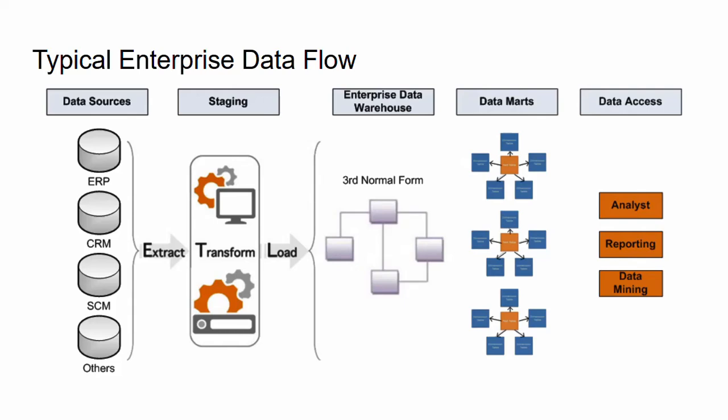In a typical enterprise, the data flow starts with the data sources, enterprise applications. Usually these are transactional systems like ERP, CRM, but think about the e-commerce website. The transaction system will be the order processing system, right?